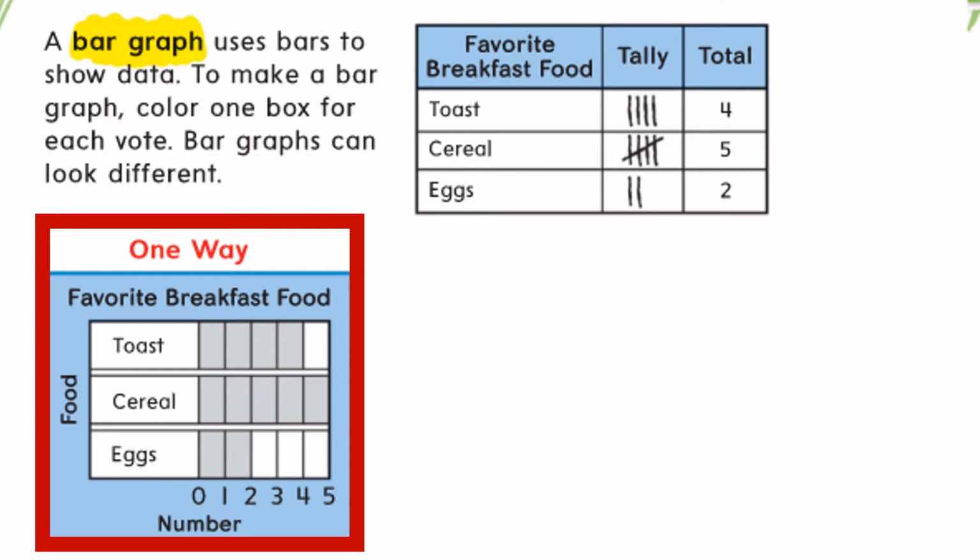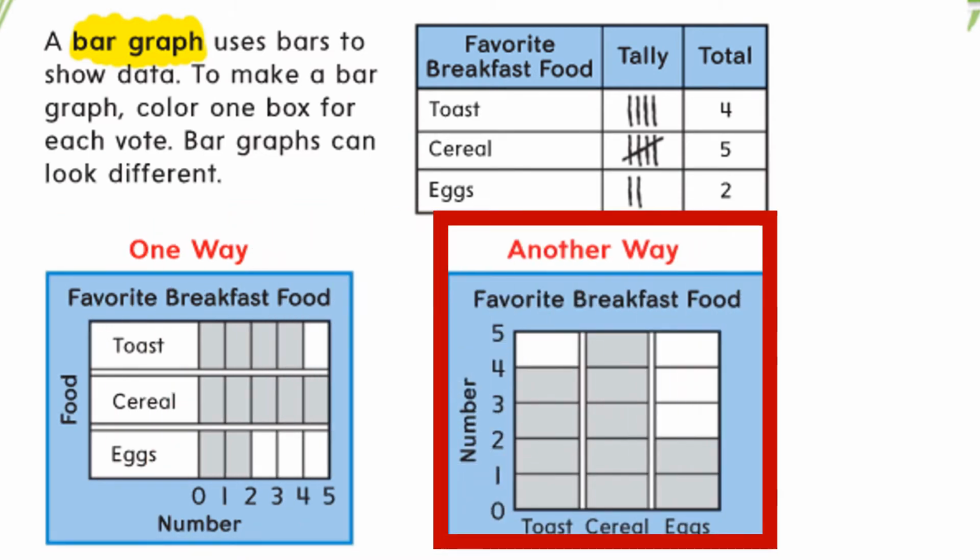And we looked at this horizontal bar graph where everything goes from side to side. And then we looked at this vertical one where the information goes from the bottom to the top.